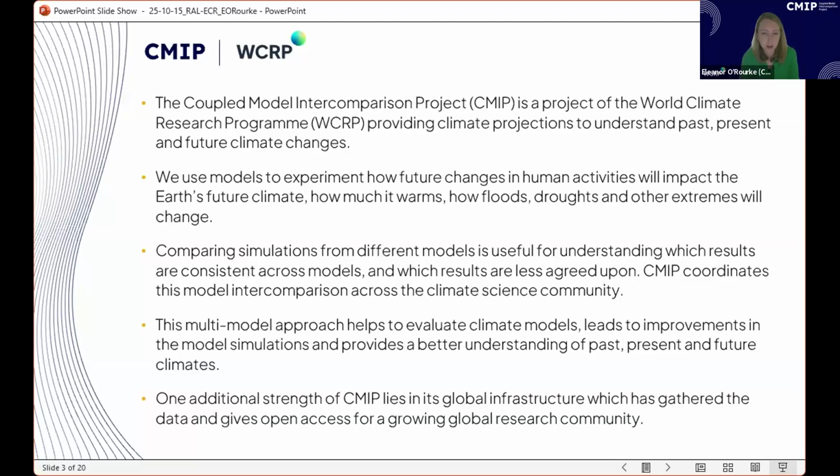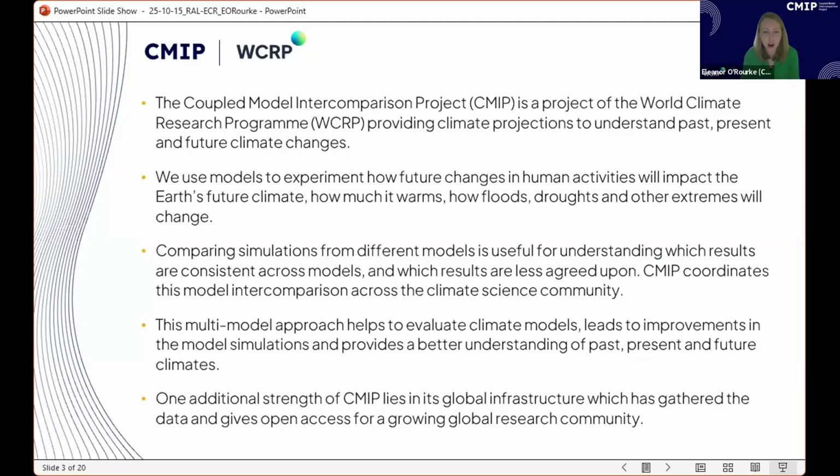And the aim of CMIP is really about providing climate projections so we can understand the past, the present, and also the future climate changes. So we use climate models and then Earth system models to look at how the future will change and how human activities will impact the future climate. So that's things like the level of warming and the extremes and floods and droughts, etc.